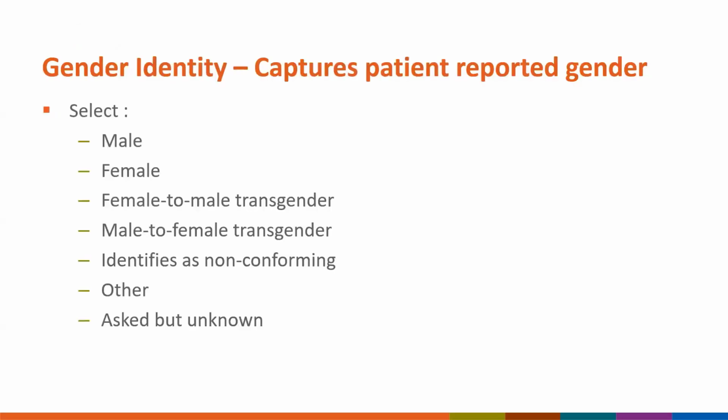The gender identity variable is defined as the gender as reported by the patient. And the options that are available for reporting this variable are listed here. Next slide, please.